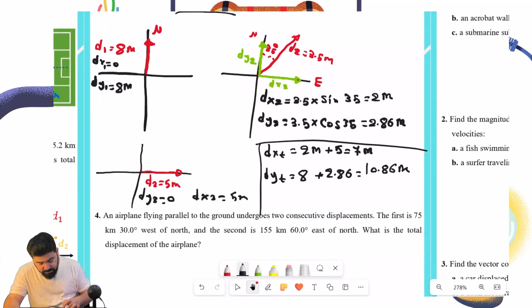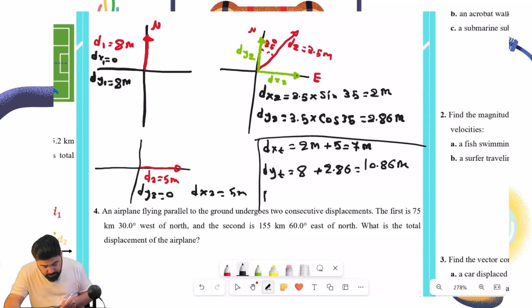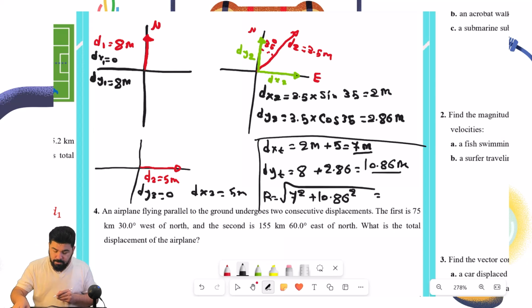To find the resultant vector, guys, the resultant is equal to the square root of dx squared plus dy squared. So 7 squared plus 10.86 squared. Let's calculate this. We have 12.9, or 13 meters.